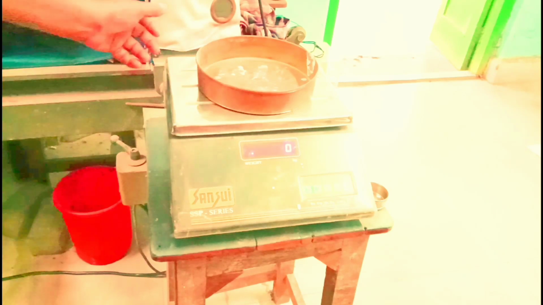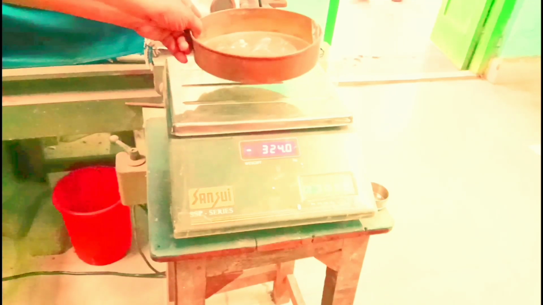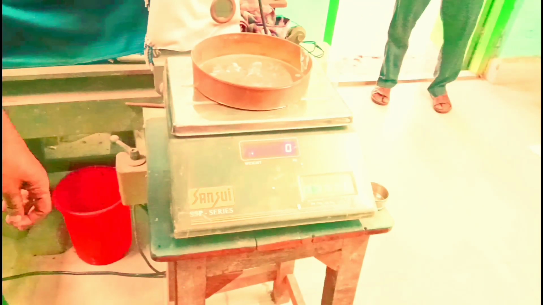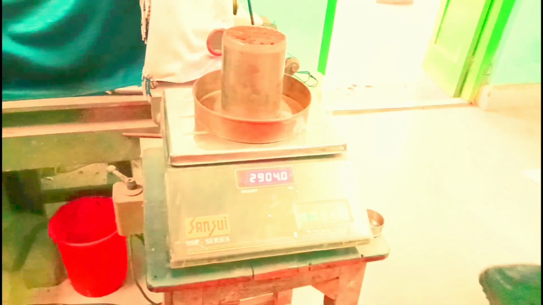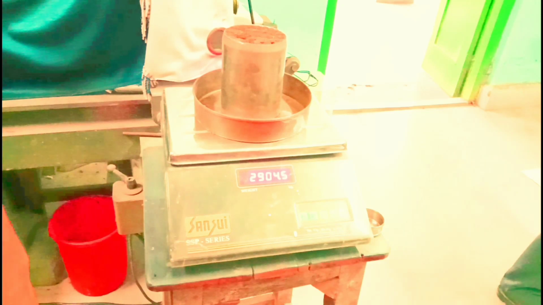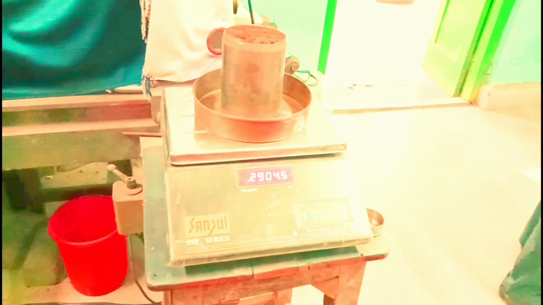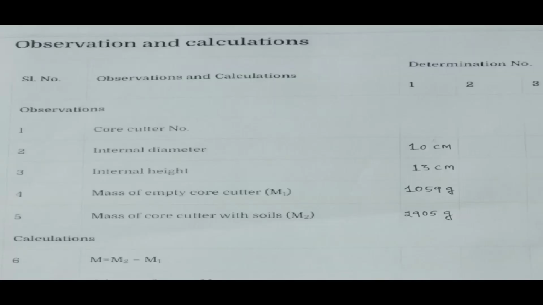Weigh the core cutter full of soil, but ensure that before weighing the core cutter with soil, the balance shows the 0 reading. The mass of the soil sample with core cutter is 2905 gram. Record the reading in the observation sheet.